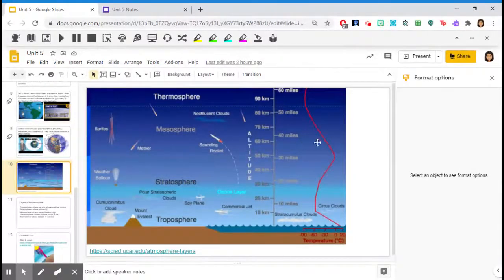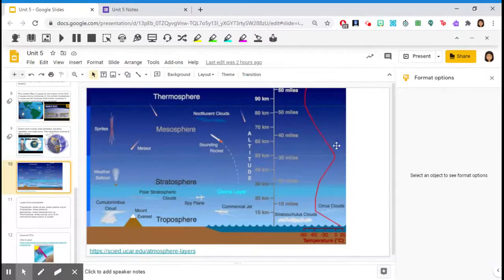And then in the mesosphere, we see the usual trend again. As you go up, it gets colder. And then in the thermosphere, it gets warmer a little bit. And then in parts, it can be extremely hot because of the direct contact with solar radiation. But particles are also too far apart to conduct heat easily once you get beyond the thermosphere.